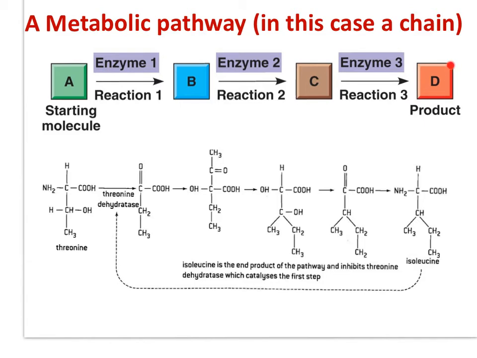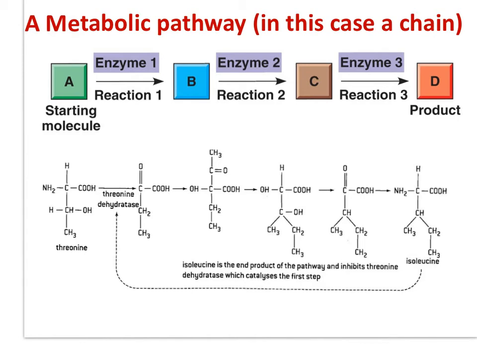As product D accumulates, it would serve to inhibit the metabolic pathway, slowing its own production. As the concentration of product D declined, the inhibition of enzyme 1 would be released, and the metabolic pathway would operate to produce product D, and so on.